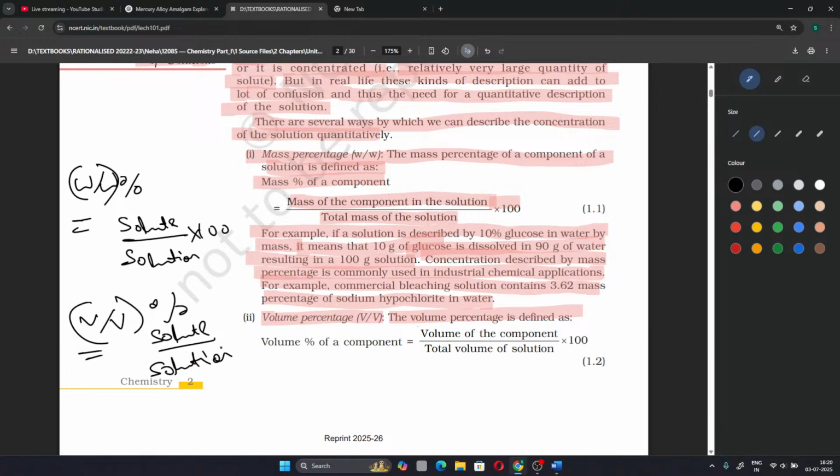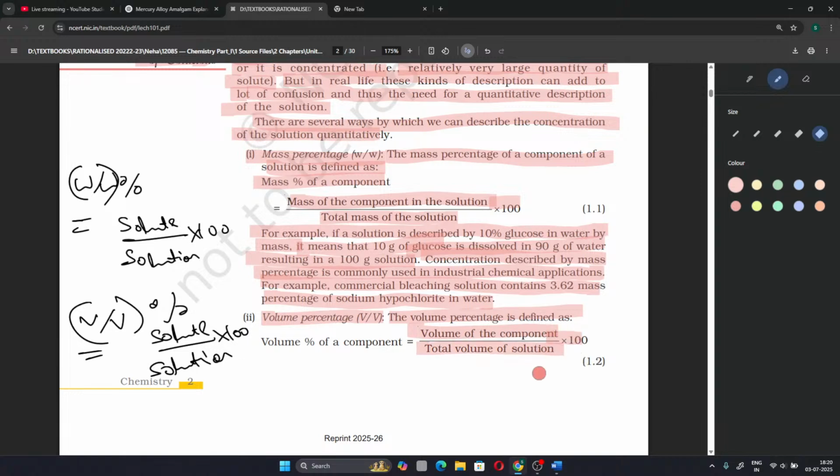This we can take in case of liquid solutions or gas solutions, where we can take the exact volume, and in this case we take the volume of the component, meaning volume of the solute by total volume of the solution times 100.